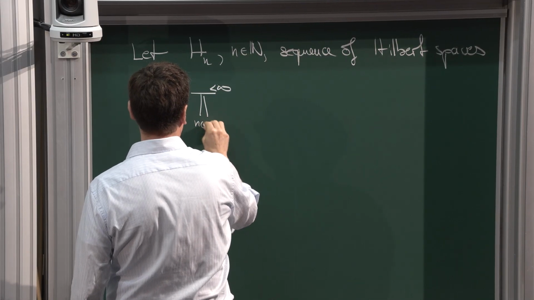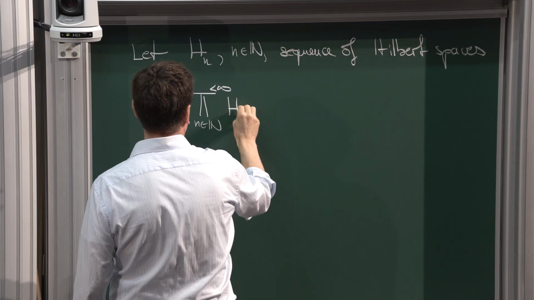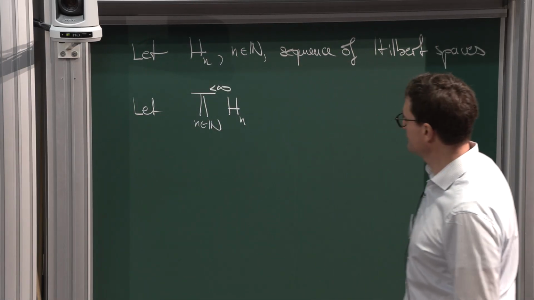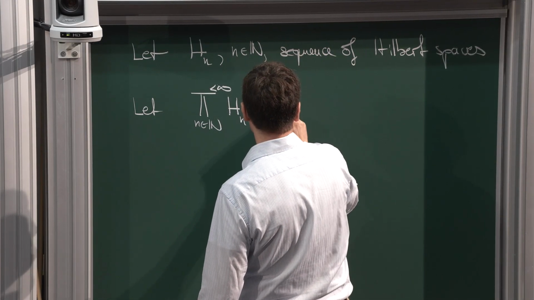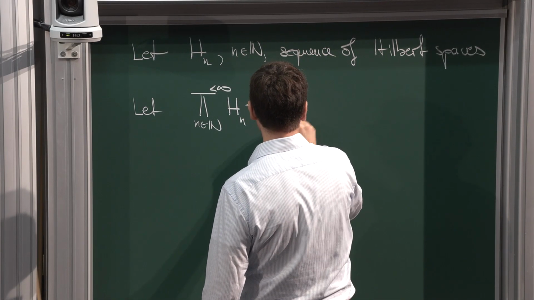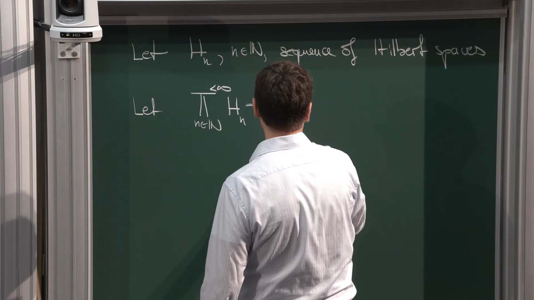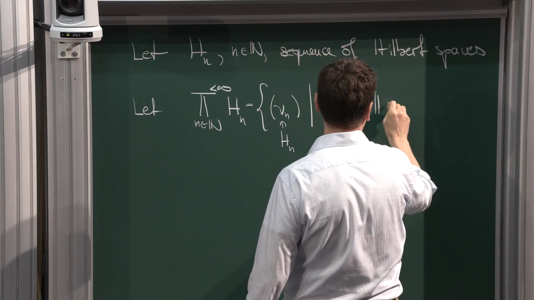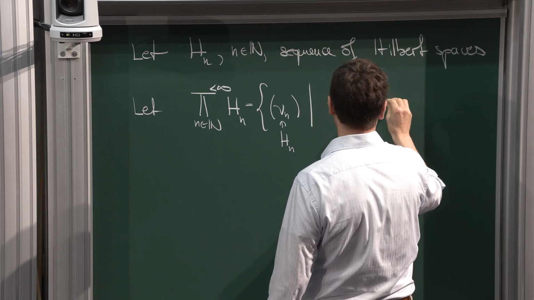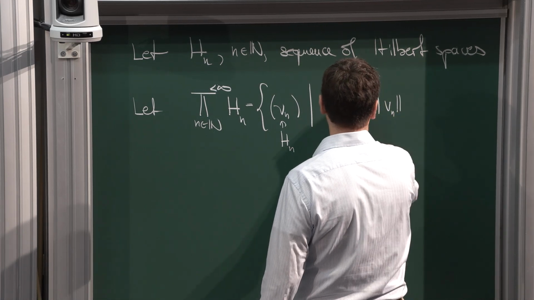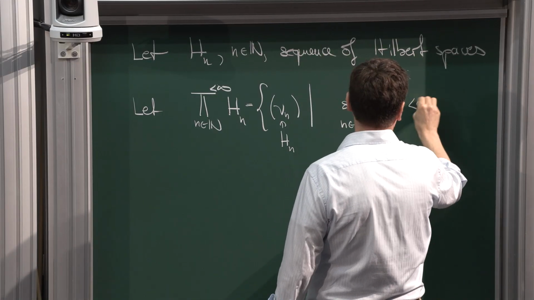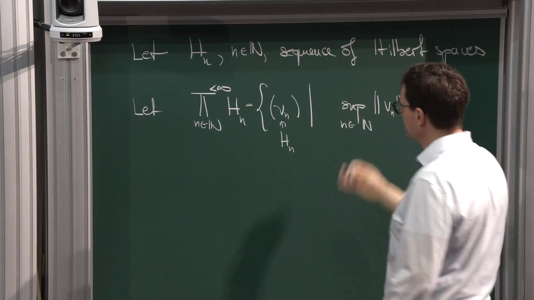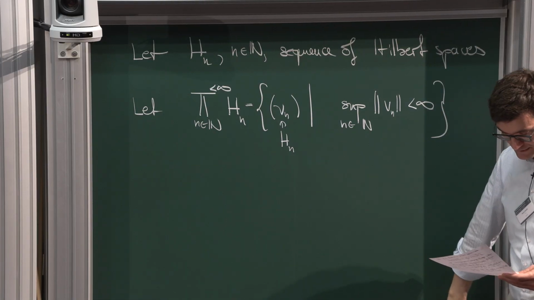So this is the L-infinity product of those Hilbert spaces. These are just all the sequences of vectors such that the norm stays bounded. Not uniformly, but each one is bounded.